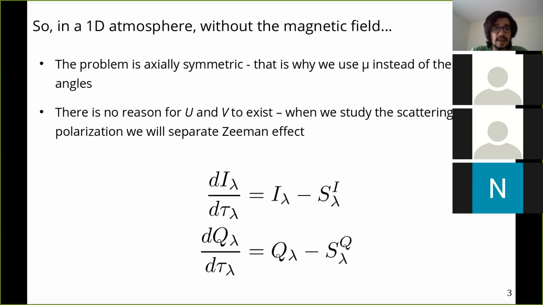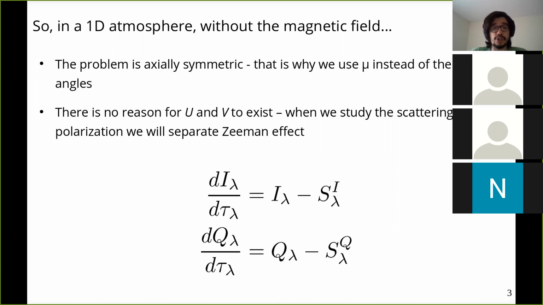Okay. So previously what I said is that for the scattering polarization, we're gonna take a different path than we took when we were talking about the Zeeman effect, right? When we talked about the Zeeman effect, we had these four coupled differential equations for I, Q, U, and V, and we had this huge absorption matrix that coupled these things.